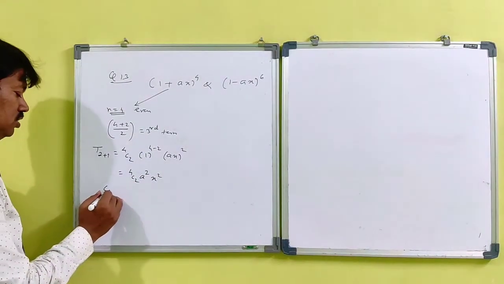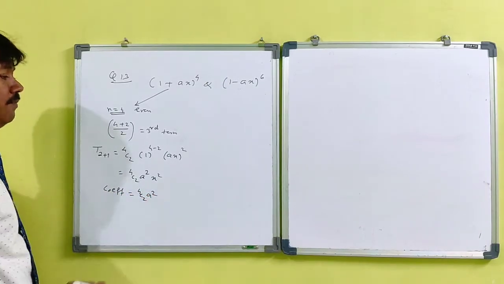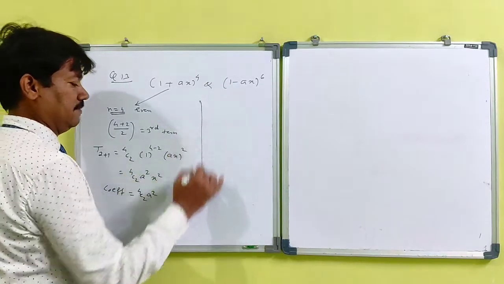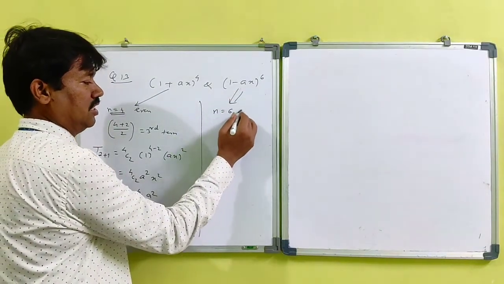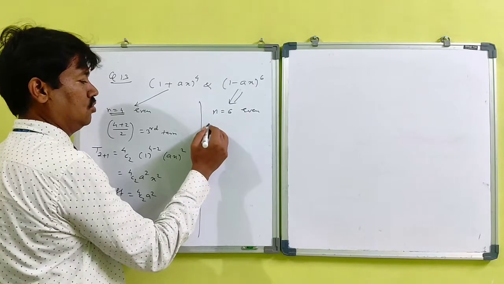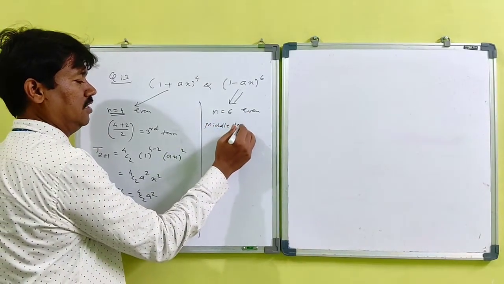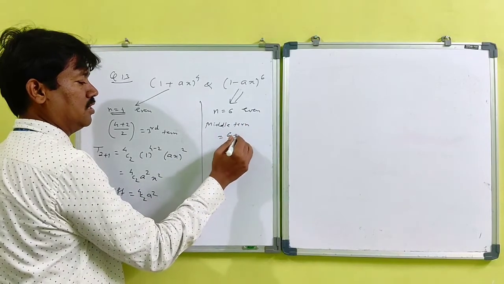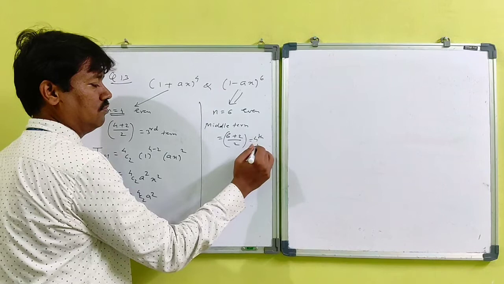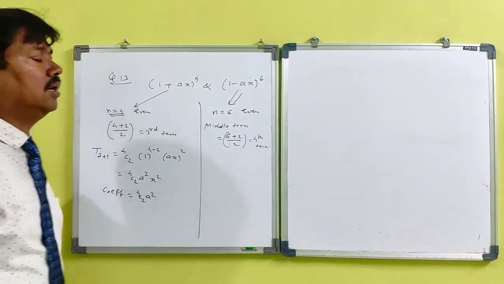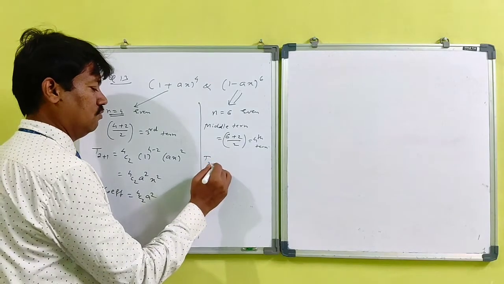So that is the coefficient. So what is the coefficient here? Coefficient is 4c2 a square. In this case, n is equal to 6, again even. So what is the middle term in this? The middle term is (6 plus 2) upon 2, that is the fourth term. So the fourth term is the middle term, so that is t 3 plus 1.